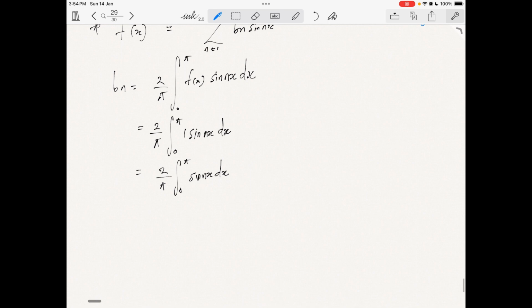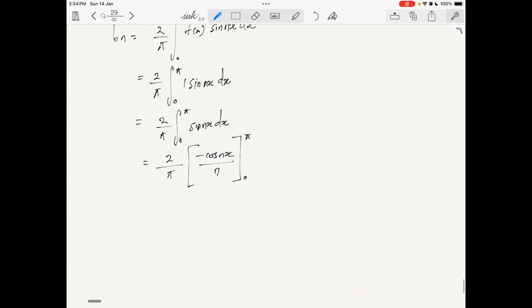Integrating sine nx, we have minus cos nx over n from 0 to pi. Now let's introduce our upper limit and afterwards our lower limit. So we have 2 over pi of minus cos n pi over n, minus the lower limit 0, minus cos n of 0 over n.